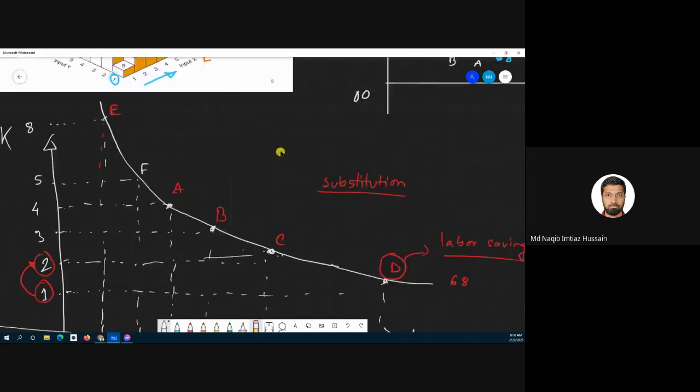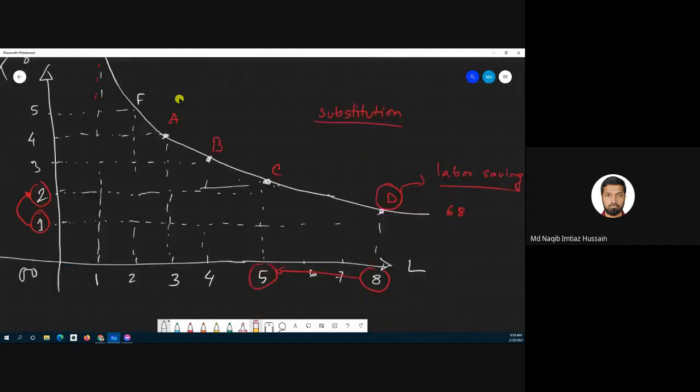If you are operating at point E with 8 capital and only one labor, if you increase labor by one, you go from 1 to 2, what happens?